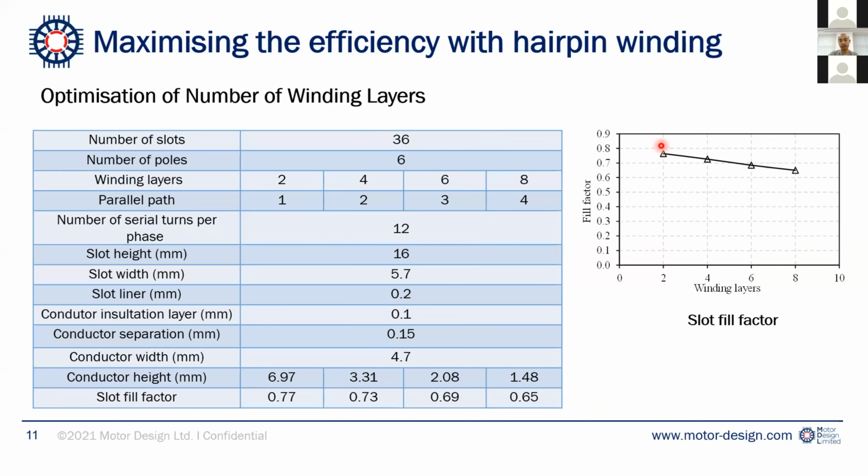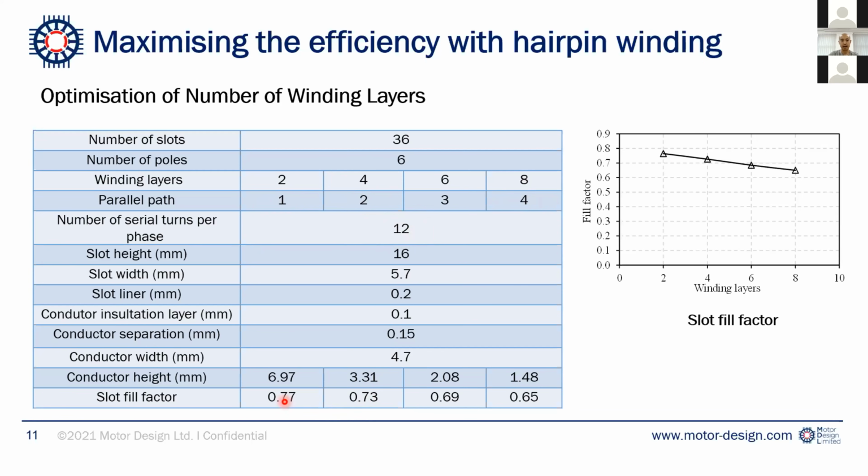So yeah, this is an overview of the results of the fill factor when we use different numbers of layers. In these 4 designs, we use 2, 4, 6, and 8 layers of hairpin windings. And we also change the parallel paths from 1 to 4 to keep the number of serial turns per phase constant.